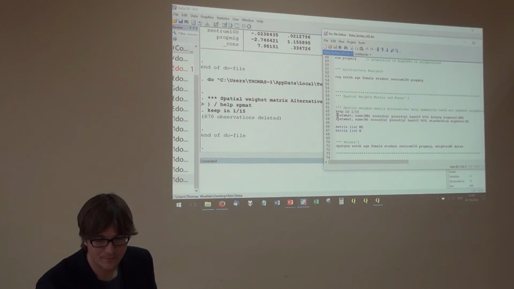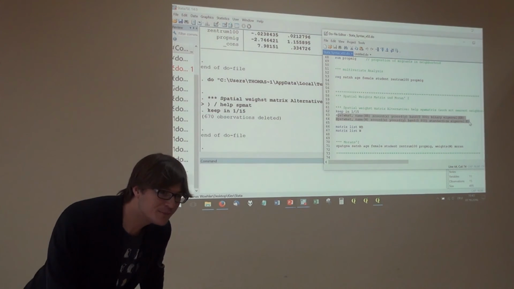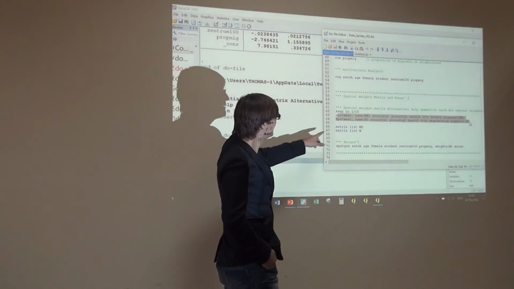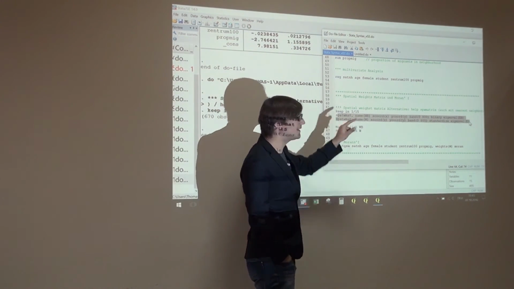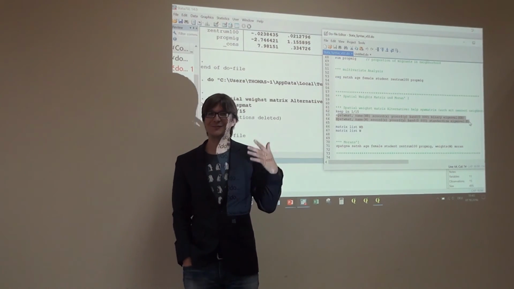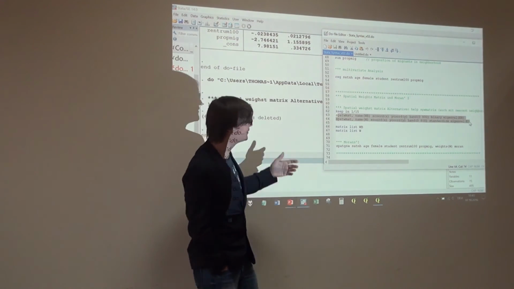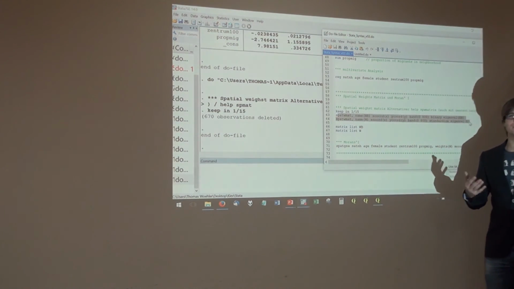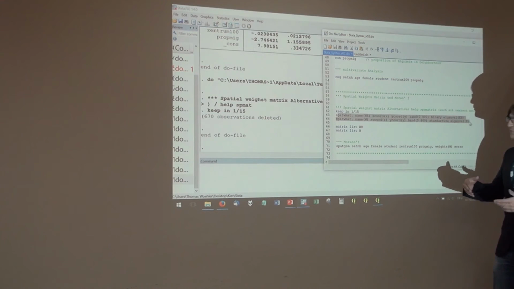And now I have two specifications for the spatial weights matrix. As I told you yesterday, the spatwmat command stands for spatial weights matrix. And you have to tell the program a little bit about what you want to do.